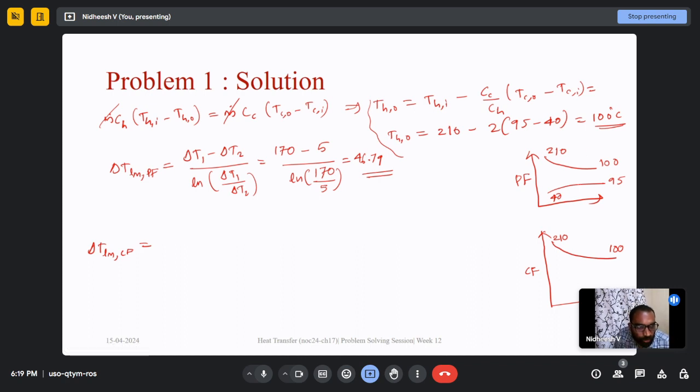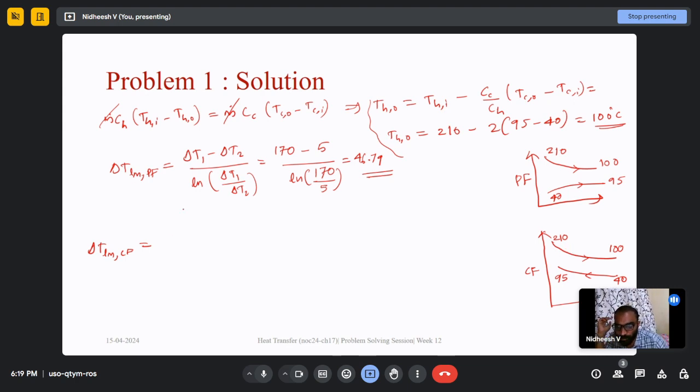And the cold fluid in the counterflow heat exchanger is coming from here, right? So at inlet it is having 45 degrees Celsius. This is the direction of flow from here to here, and for the counterflow heat exchanger it would be like this. It was initially at a temperature of 40 degrees Celsius and it would come to a temperature of 95 degrees Celsius in the counterflow direction.